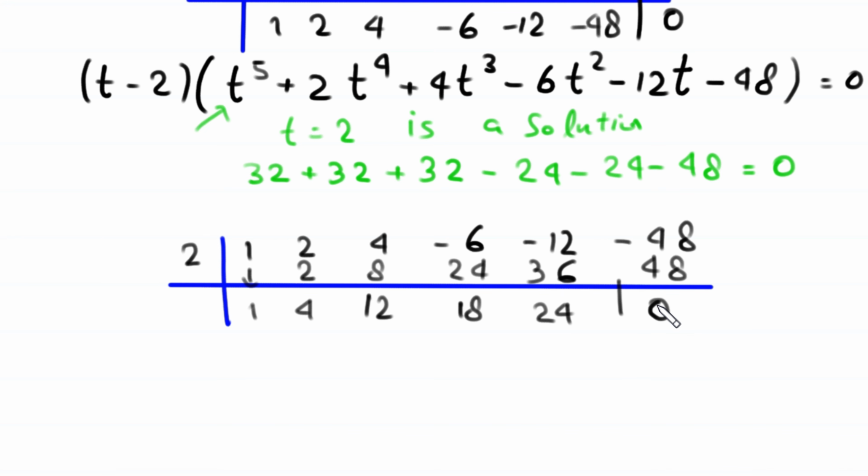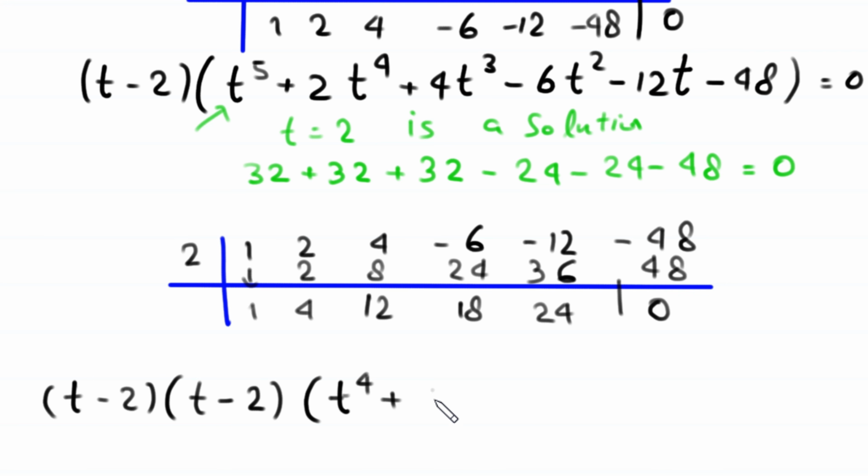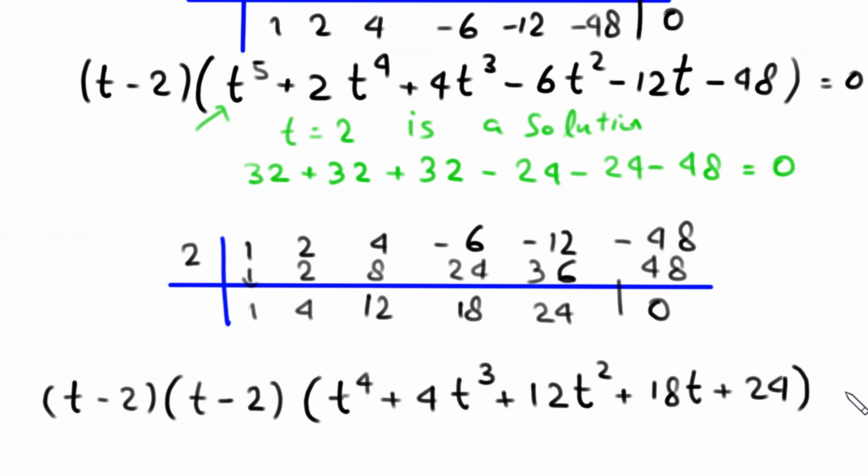So we get the first two factors, t minus 2, again t minus 2, and the third factor will be t to the power 4 plus 4 times t cubed plus 12 times t squared plus 18 times t plus 24 equal to 0.